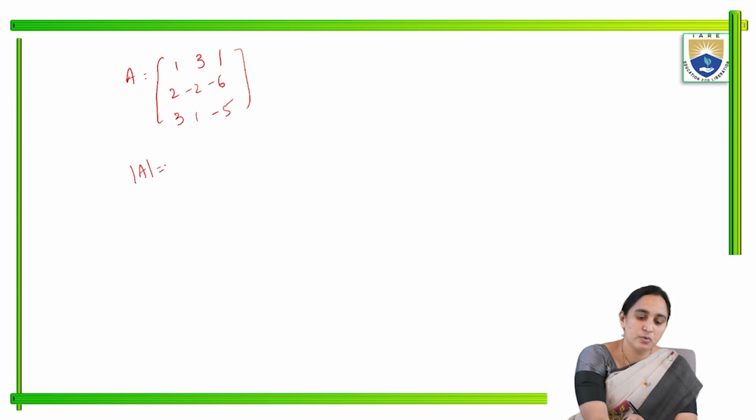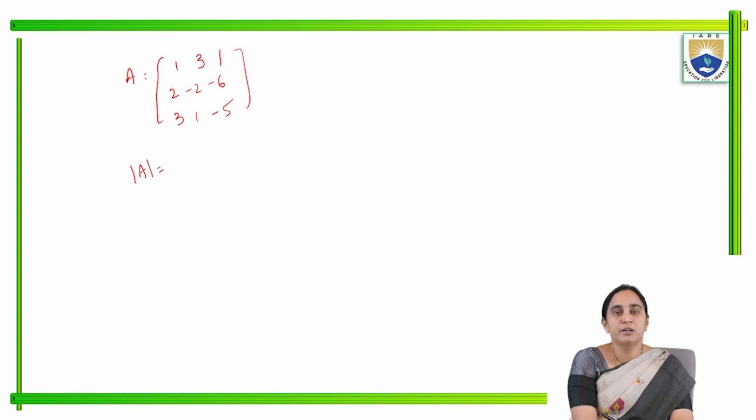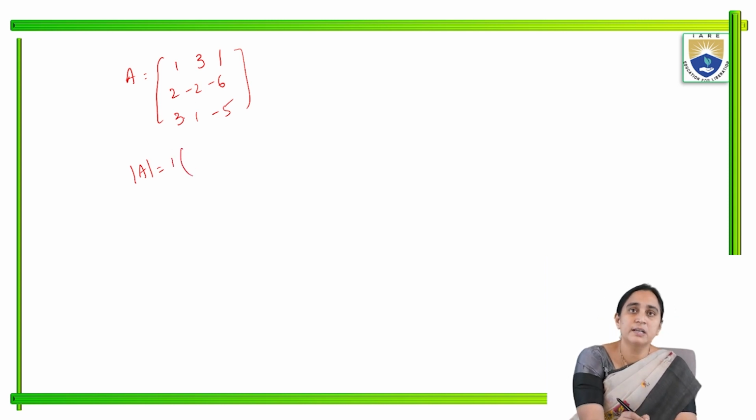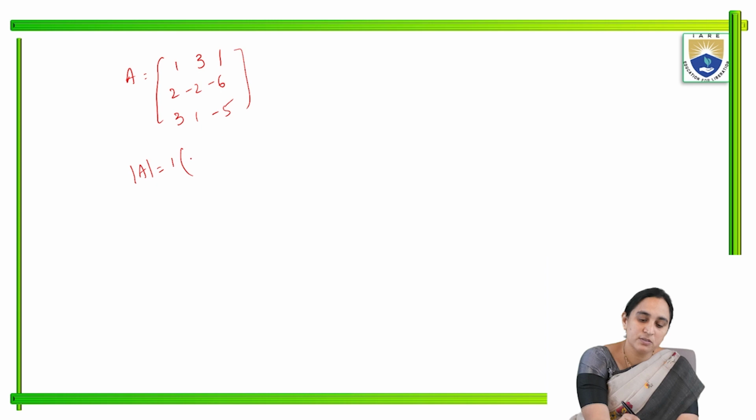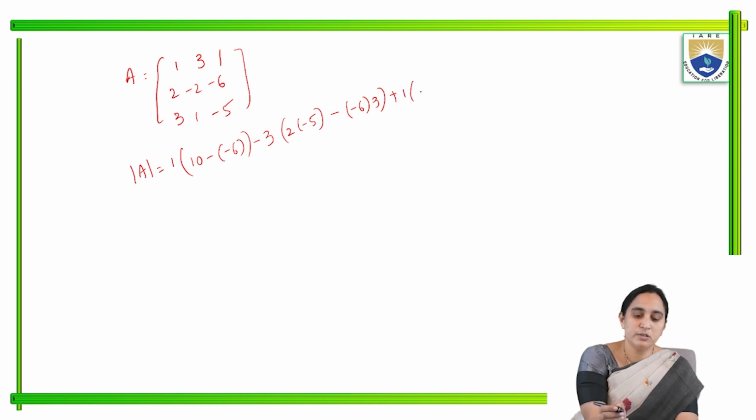Det A is equal to 1 into (neglecting the corresponding row and column) (-2 into -5 = 10, minus of -6), then minus 3 into (2 into -5 minus of -6 into 3), plus 1 into (2 into 1 minus of -2 into 3). This is the matrix determinant.